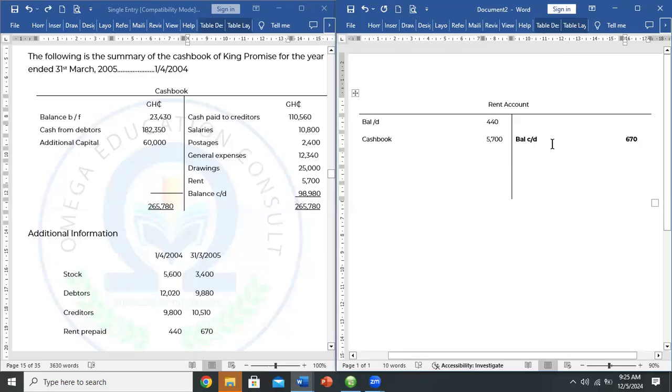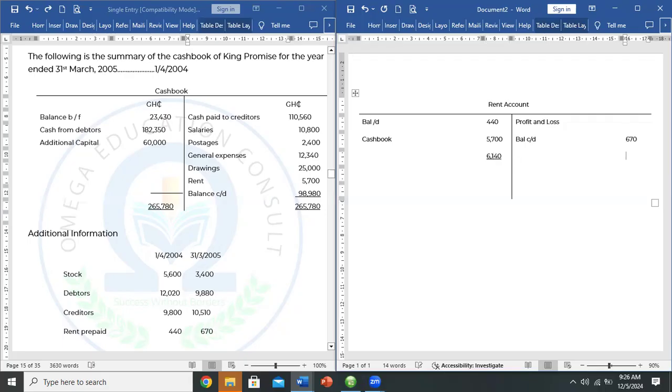So yes, you balance your rent account and see how much you take to profit and loss. And it's always going to be at the credit side, because it is an expense. So profit and loss. Let's balance it and see. This will be 6,140.